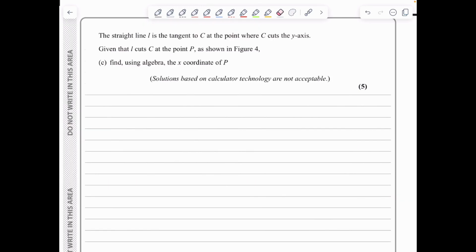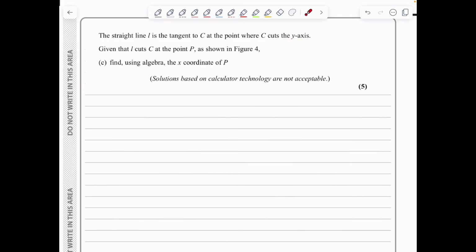We're then told that the straight line L is a tangent to C at the point where C cuts the y-axis, and given that L cuts C at the point P, we need to find, using algebra, the x-coordinate of P. So I will start by finding where f of x is cutting the y-axis, this part here.